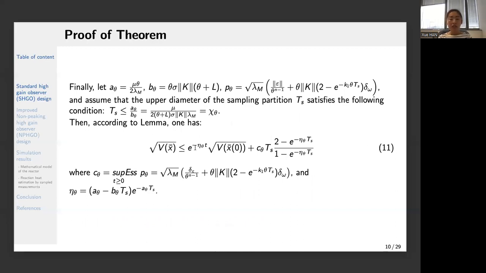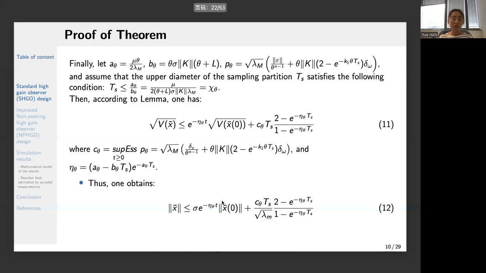Here, eta theta and c theta are the functions defined here. And then we can obtain that the norm of x bar is less than or equal to this whole term, replacing the square root V(x bar) in equation 11.